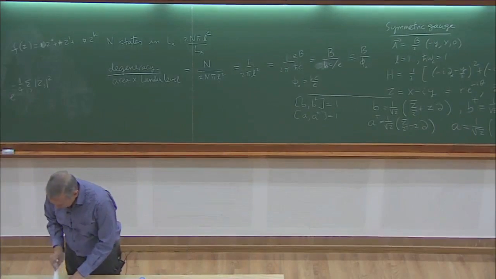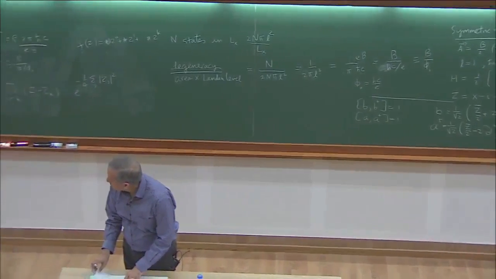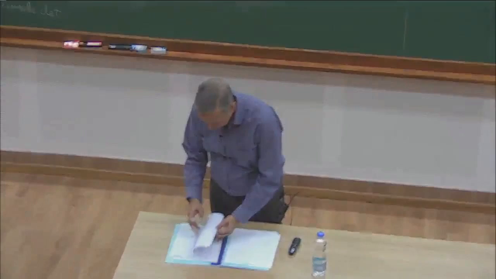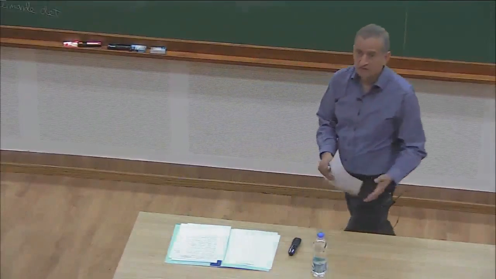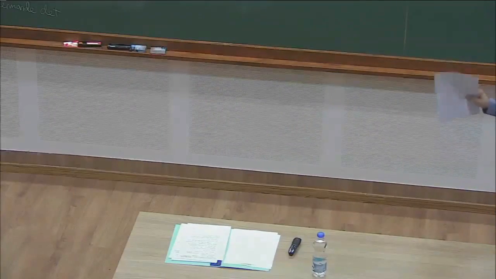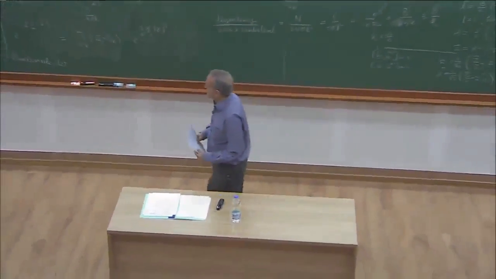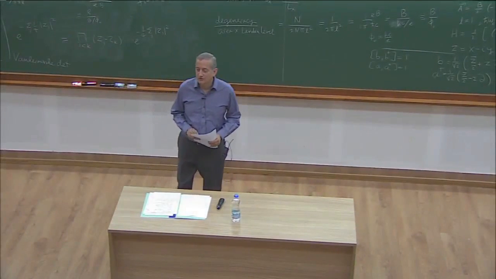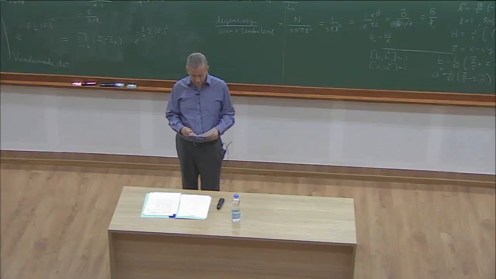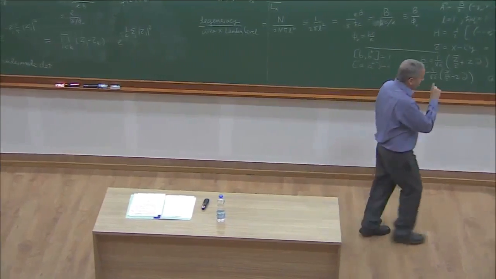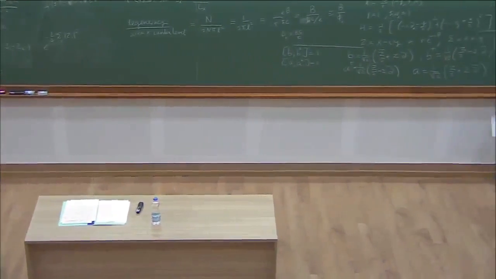So this brings us to the next topic, which is the integer quantum Hall effect. I'm going to do that relatively quickly because that's not the emphasis of these lectures. But still, knowing how the integer quantum Hall effect is explained is crucial for the understanding of the fractional quantum Hall effect.